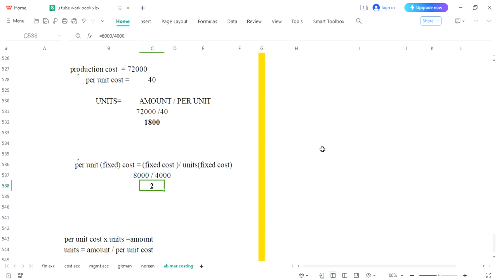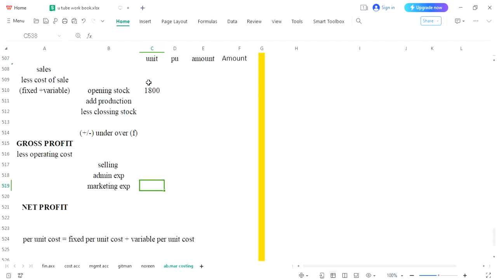Alright, so the old variable cost, or the cost which was given in our question, was 40. This was variable cost, and fixed cost is 2. The only thing we will change is this per unit cost. So we will go upside, and here we have written the formula. The per unit fixed cost we have calculated is 2, and we need to add variable cost, which was 40.